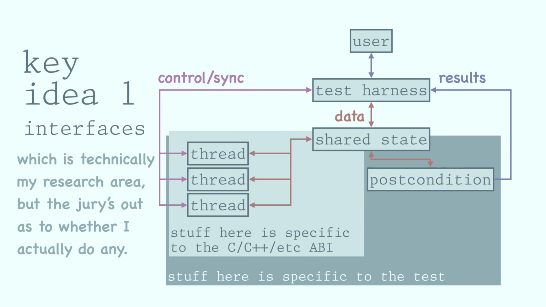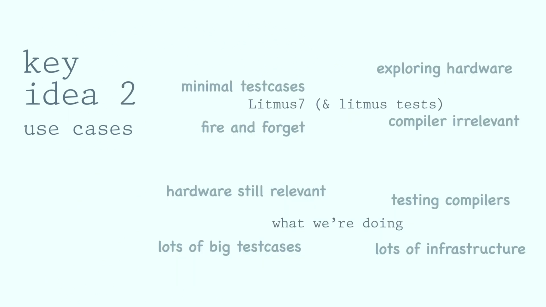There are also things that are specific to the test, but not necessarily specific to the ABI. And those could be separated out, and the whole thing could be separated from the bit that is literally the same for all tests.